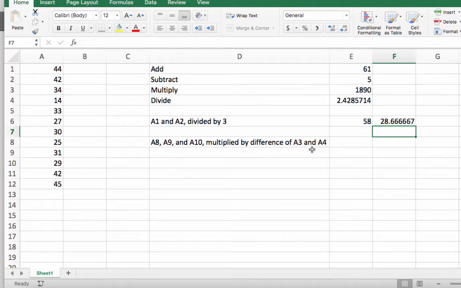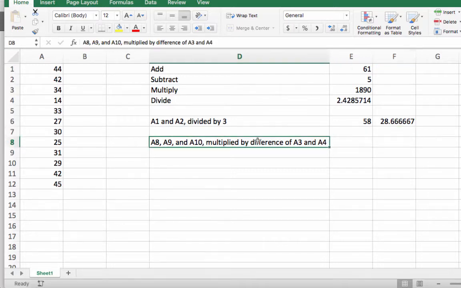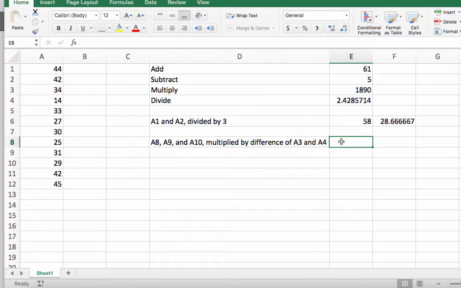So let's take a more complicated one here. I want A8, A9, and A10. I want all that added up, and then I want to multiply that answer by the difference of A3 and A4. Difference is going to mean subtract. So here's what I have to do.